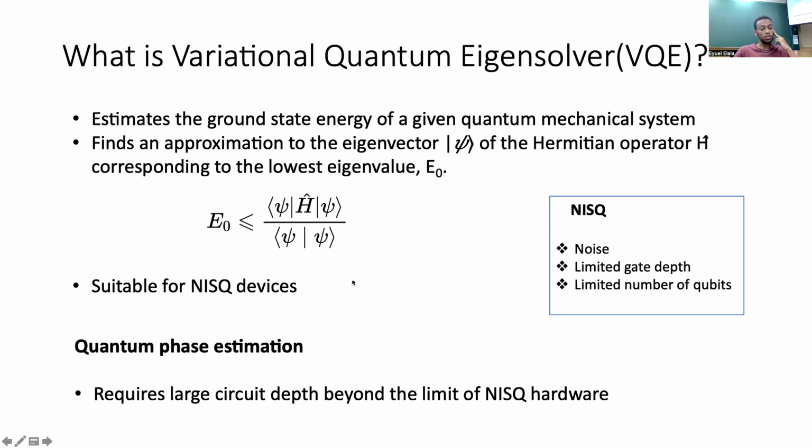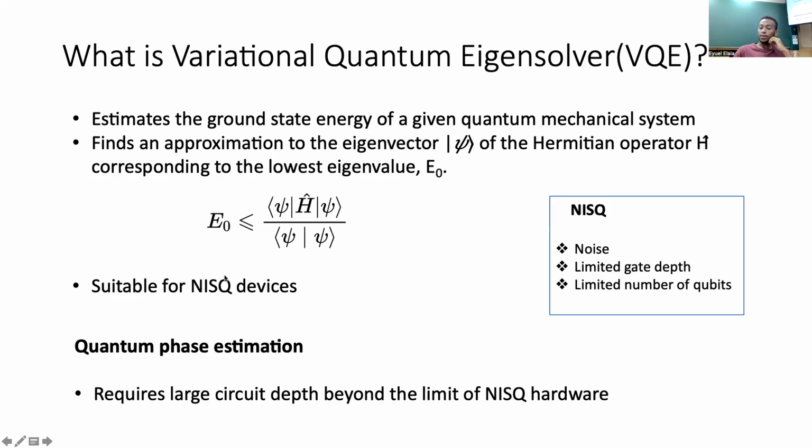Even though there's noise in the hardware, with VQE we can get reasonable results that are practically useful, which means the algorithm has some resilience against this kind of noise on NISQ devices. And the circuit depth is also smaller, so it's feasible for NISQ devices.